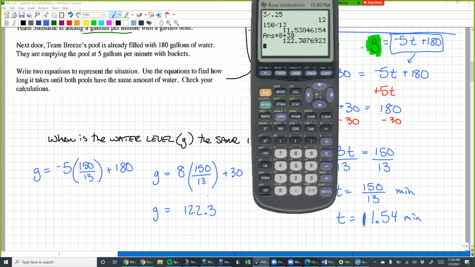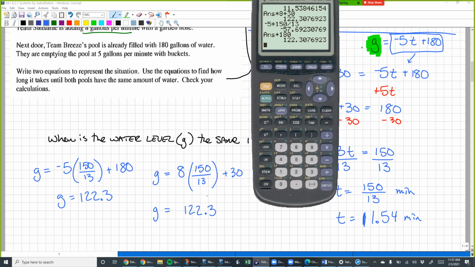I'm going to take -5 times 150 over 13, get that answer, and then add 180. And there it is. The gallons are equal to 122.3. We've rounded it off there, but we've seen that that's the same.